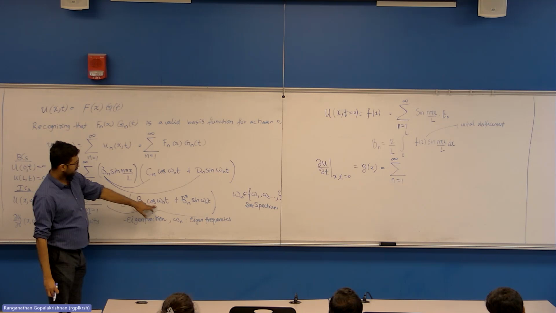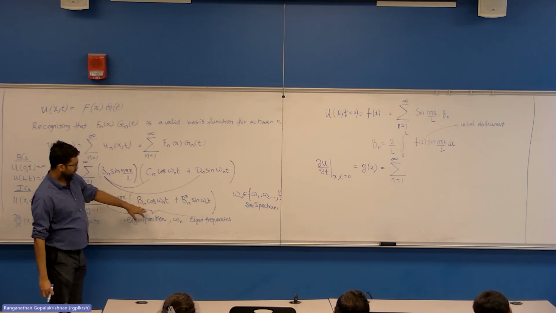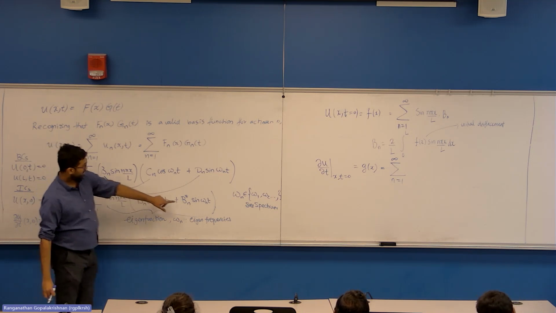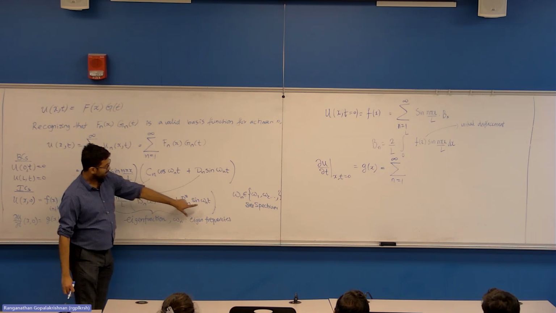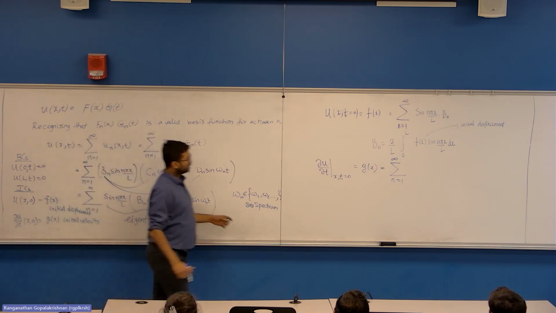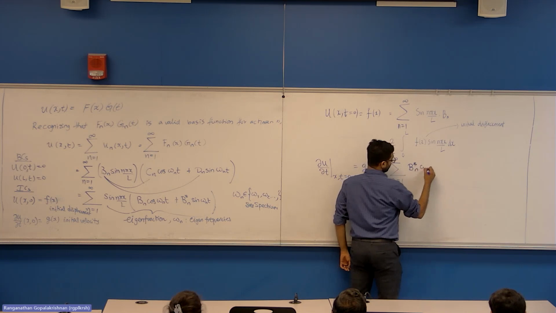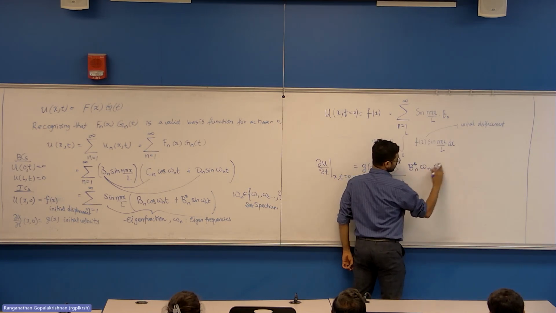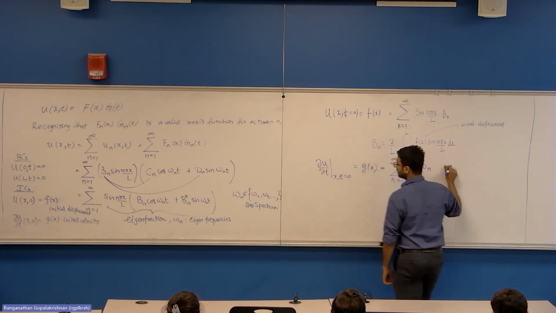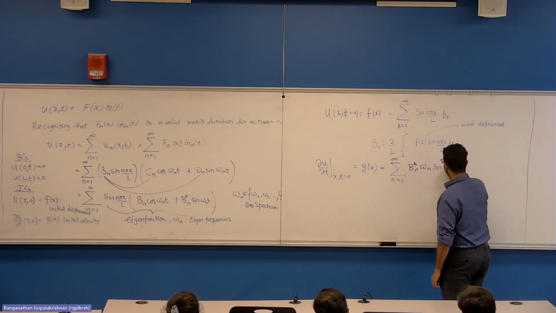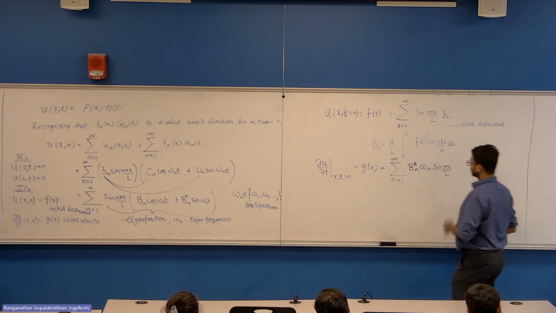So cosine becomes sine, and sine 0 is 0, so you don't have to worry about Bn. This is Bn times omega n cos omega t. So this is going to be Bn star omega n cos 0, which I won't write, times sine n pi x over L.